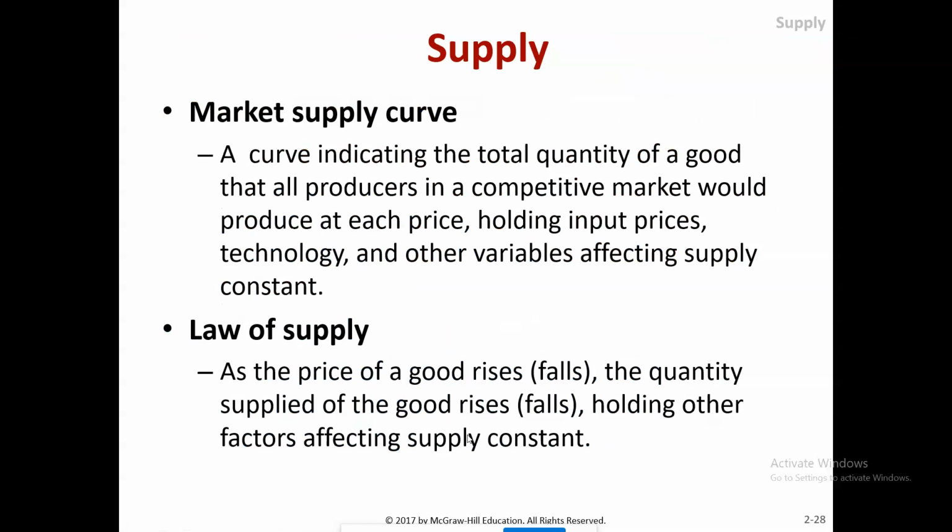Alternatively, at every single quantity level, it shows the price suppliers are willing to accept.